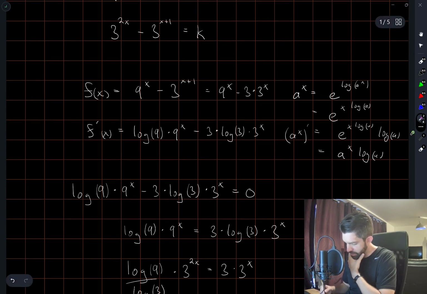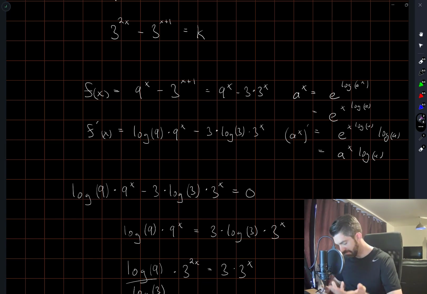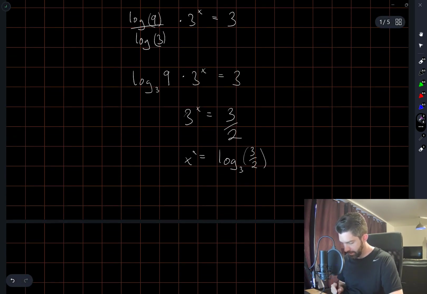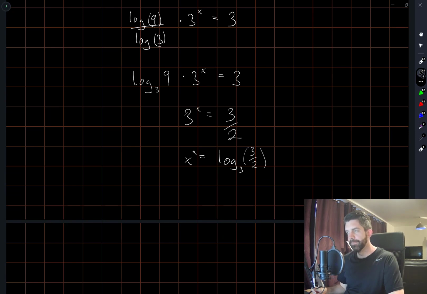I had to refresh my memory on exactly how to take the derivative of exponential functions in a base other than e. Whatever, did some algebra here, and I found a value of x which gives a critical point. I believe this has got to be a minimum, right?